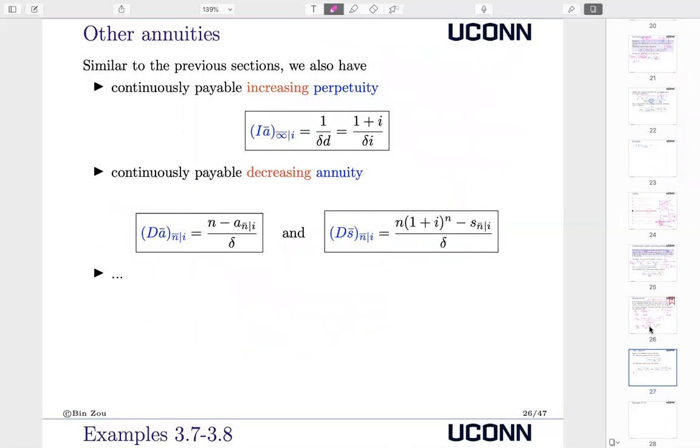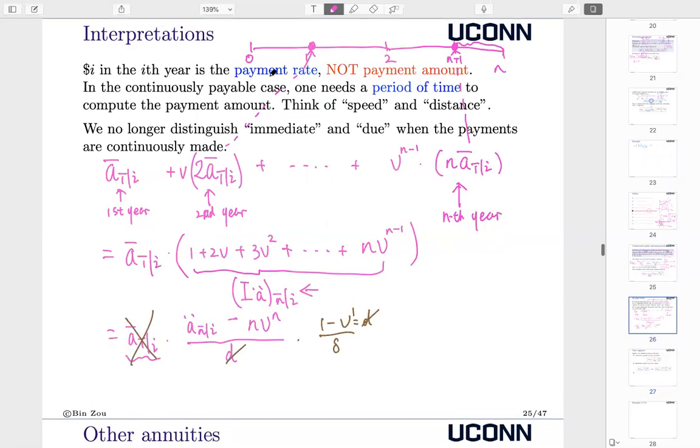Next, once we started the immediate case, by the way, there's no need to discuss continuously payable immediate or continuously payable due because there is no such concept. If your payments are made at discrete times, it is important to talk about whether they are made at the beginning or at the end.